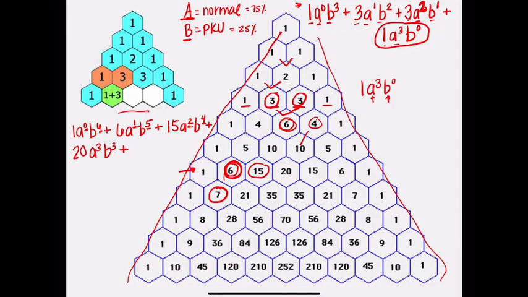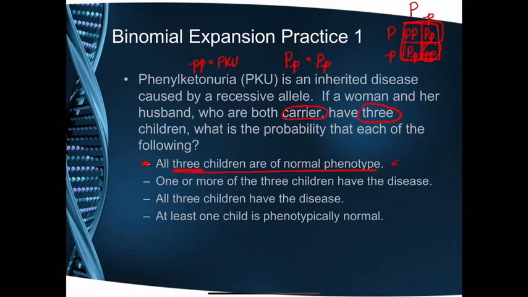So I'm going to plug in 0.75 to the 3rd and 0.25 to the 0. Okay? And so I can put this in my calculator, and I get 0.42 probability, which is equivalent to 42%. So there is a 42% chance that they will have 3 children that are normal, okay?